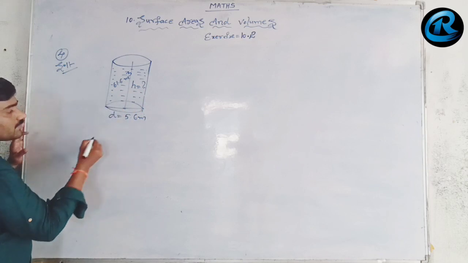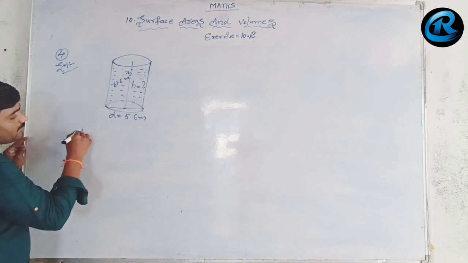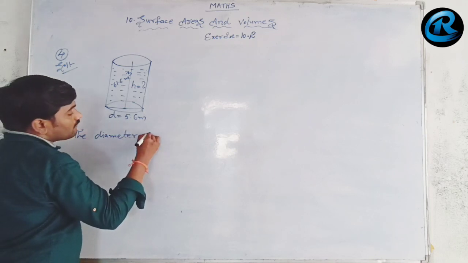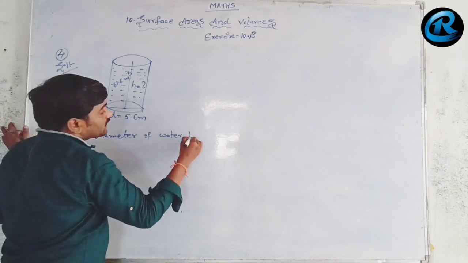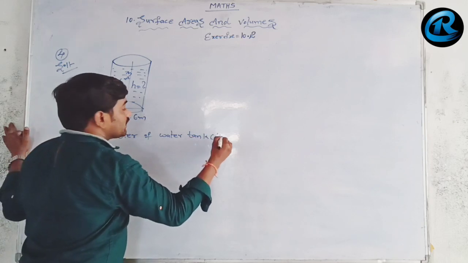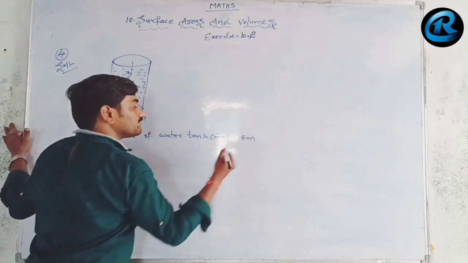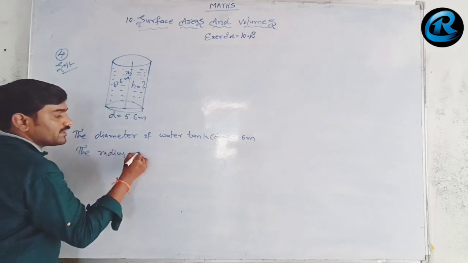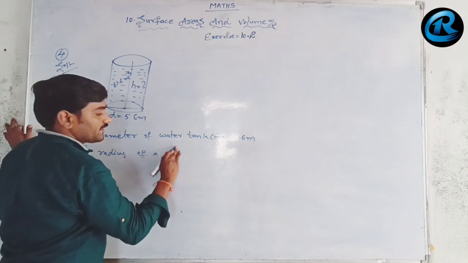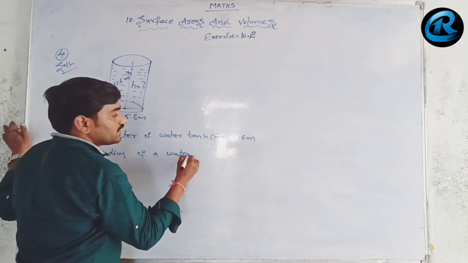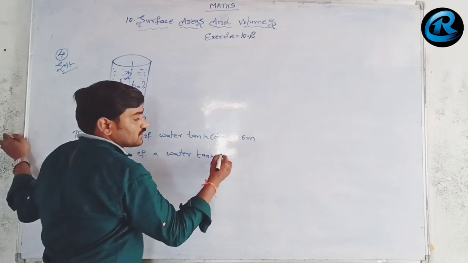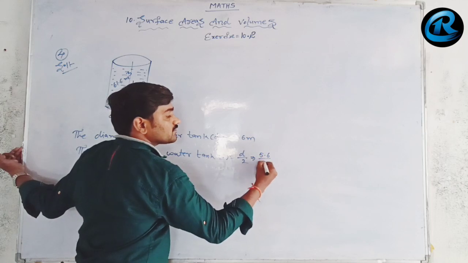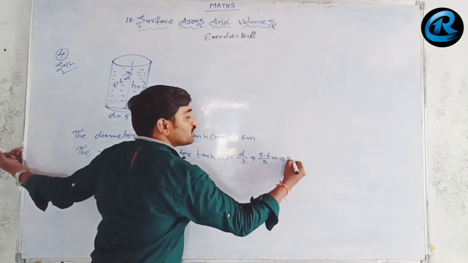So first of all, let us take that the diameter of the water tank d equal to 5.6 meters. Then the radius of a water tank will be half of the diameter. So the radius will be d by 2, that equal to 5.6 by 2 meters, that equal to 2.8.